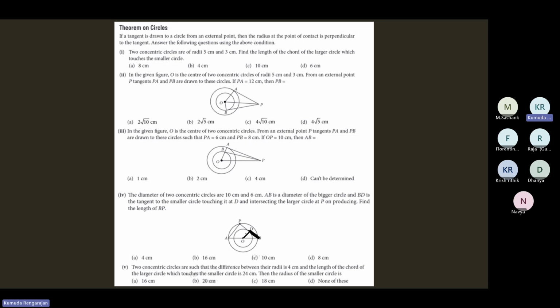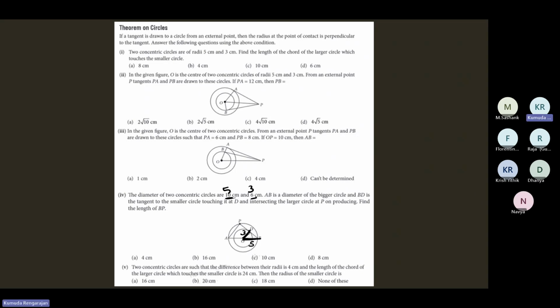So this one is 3 and this is 4. This is the radius of the inner circle. This is the radius of the outer circle. Diameters are given. So the radius of the inner circle is 3. The radius of the outer circle is 5. From the diameters 10 and 6, 5 and 3.